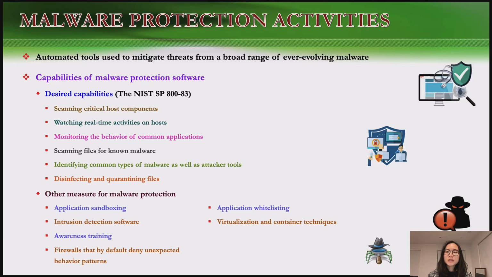Finally, a malware protection software should be able to disinfect files, which refers to removing malware from within the files. It is also able to quarantine files, which means that files containing malware are stored in isolation for future disinfection and examination.